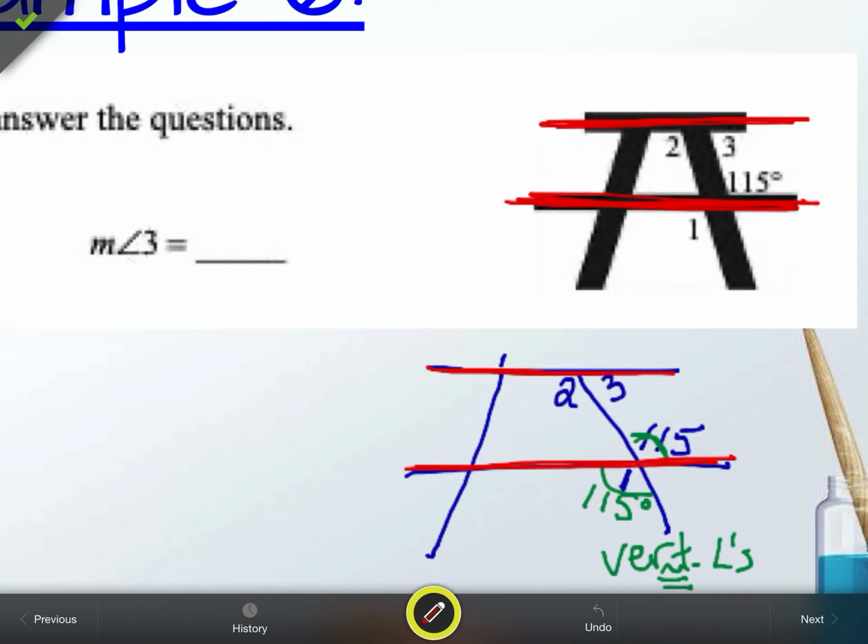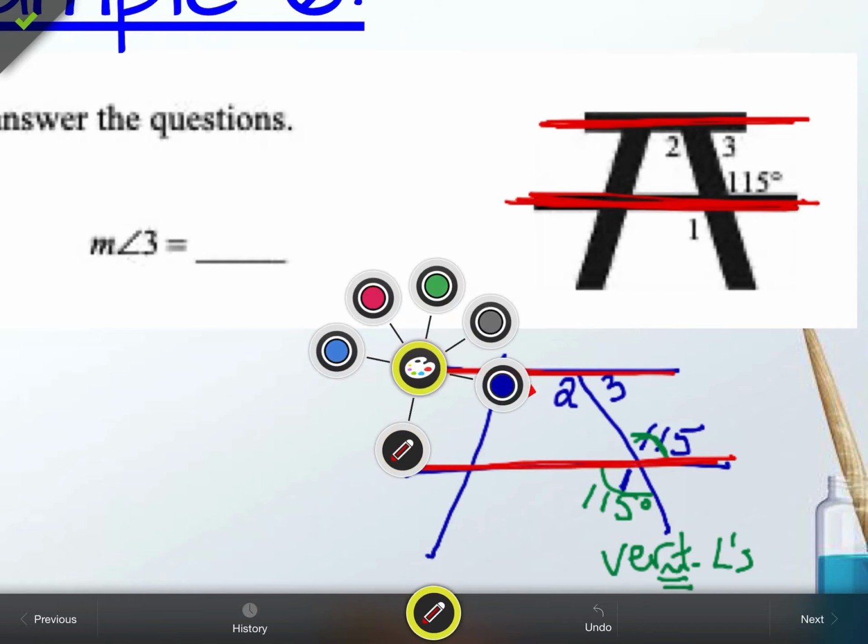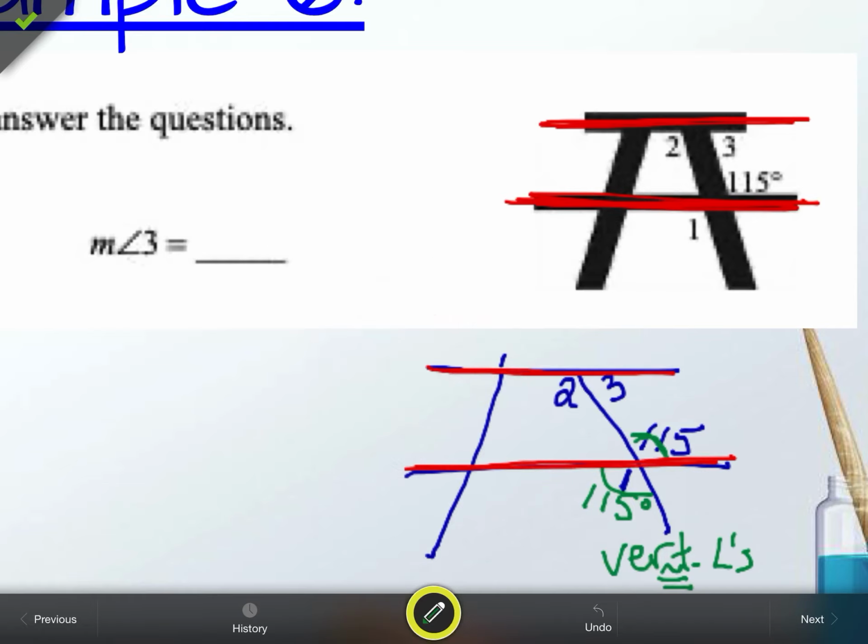So, how can we get to angle 2? Okay, I see at least 2 ways. To get to angle 2, we could say it's alternate interior to the 115. This 115 is alternate interior angle to angle 2.